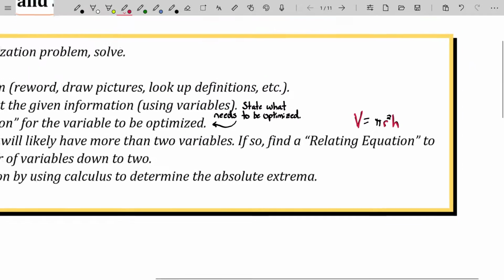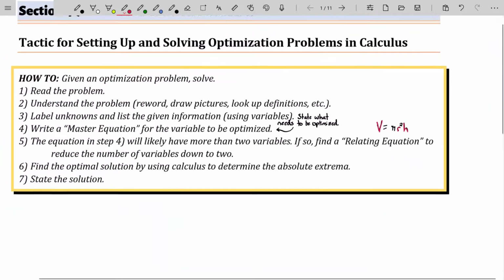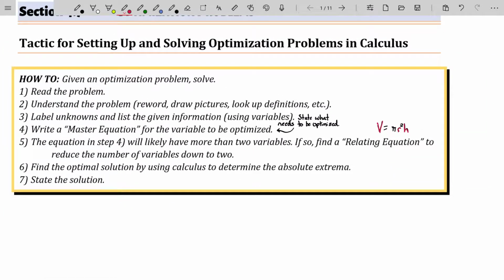Finally, after you've built your equation, you just find the optimal solution by using calculus to determine the absolute extrema. Now, that is actually often not a difficult step, and sometimes you're just using logic here.